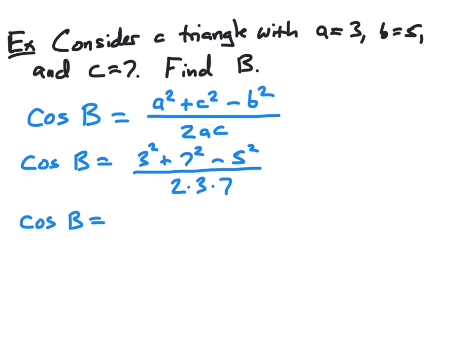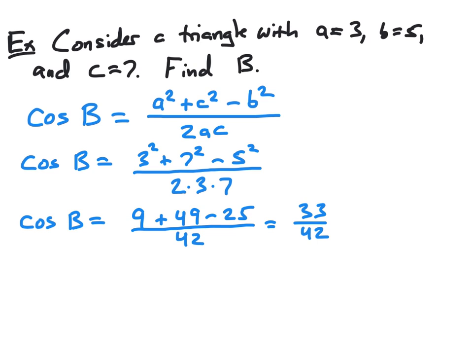So we get that cosine of B is going to be 9 plus 49 minus 25, all over 42, which is 2 times 3 times 7. And 9 plus 49 is going to be 58. When we subtract 25 from that, we're going to get 33. And so here we see that cosine of B is equal to 33 over 42.